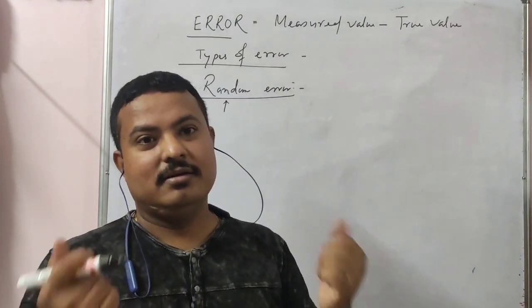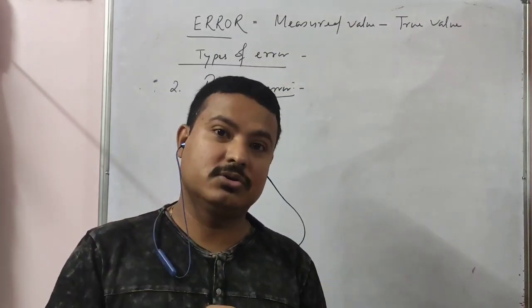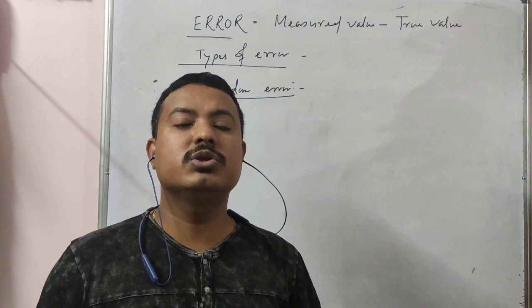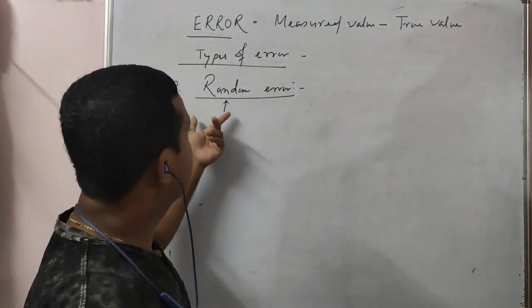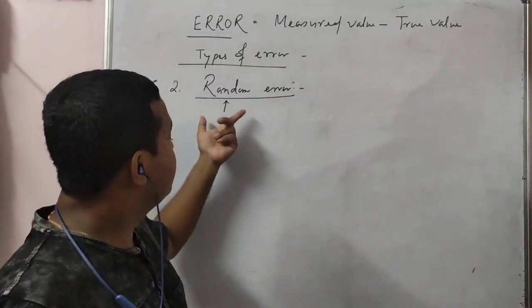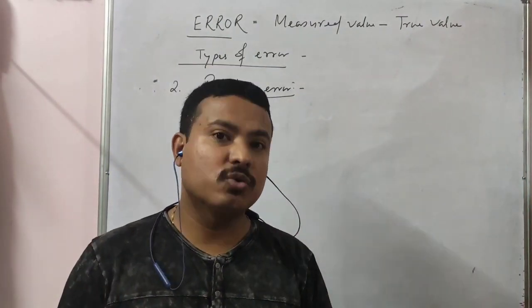there may not be an error. So we do not actually know whether you will get an error or not, or in which direction. It may be positive, it may be negative. So there will be no information about the errors. So that's why it is called what? Random errors. Now the question is, how does this random error occur, or when will it occur, or why does it occur?